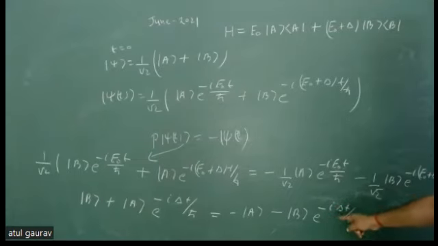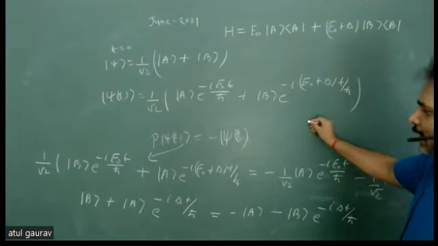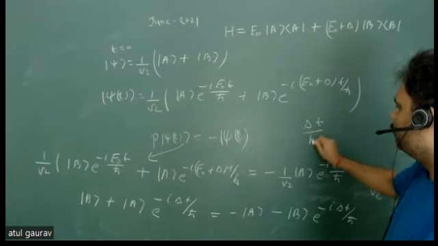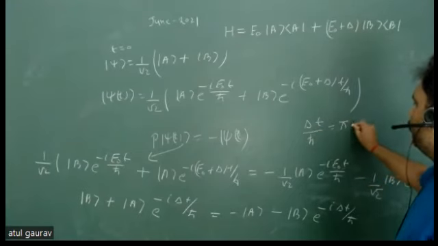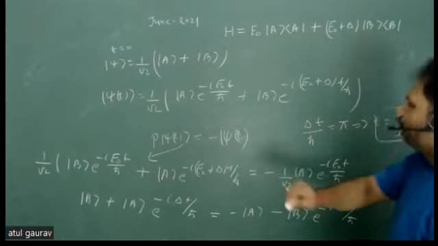Then both will be the same. So you will get delta t upon h cut must be equal to pi, and t will be pi h cut upon delta. Wonderful.